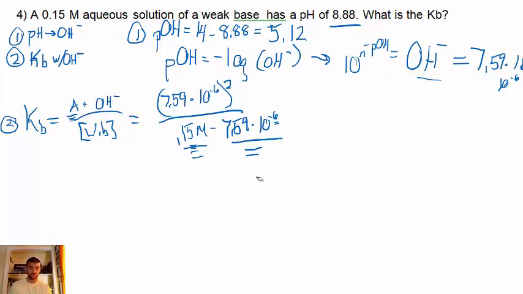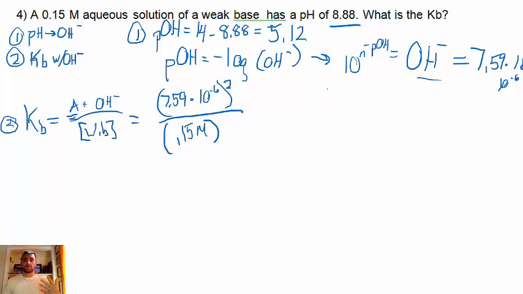So you can ignore this. It's all right if you don't, but it'll make your life a little easier if you just leave it as 0.15, because that huge difference, when you do that subtraction, gives you the same number. If you can recognize that, it'll save you a little grief and you'll still get the right answer.